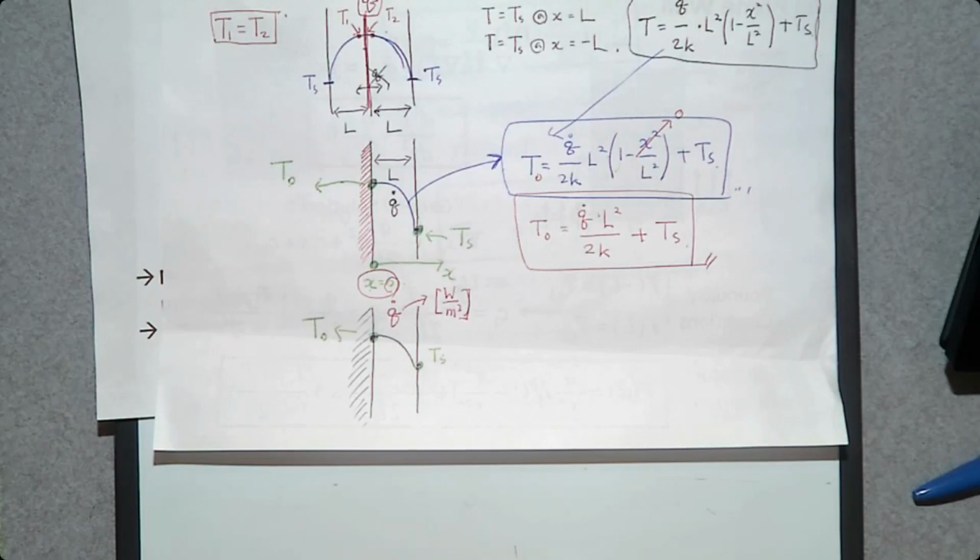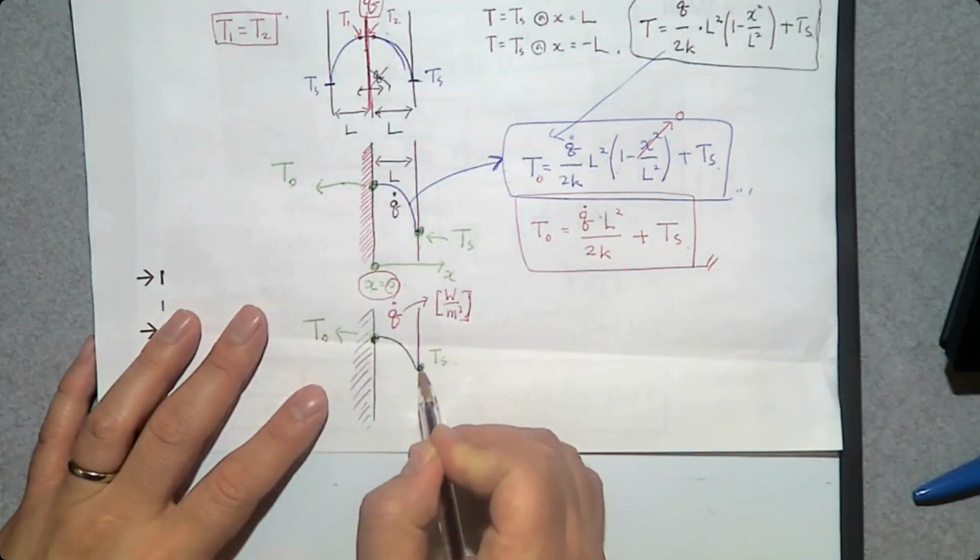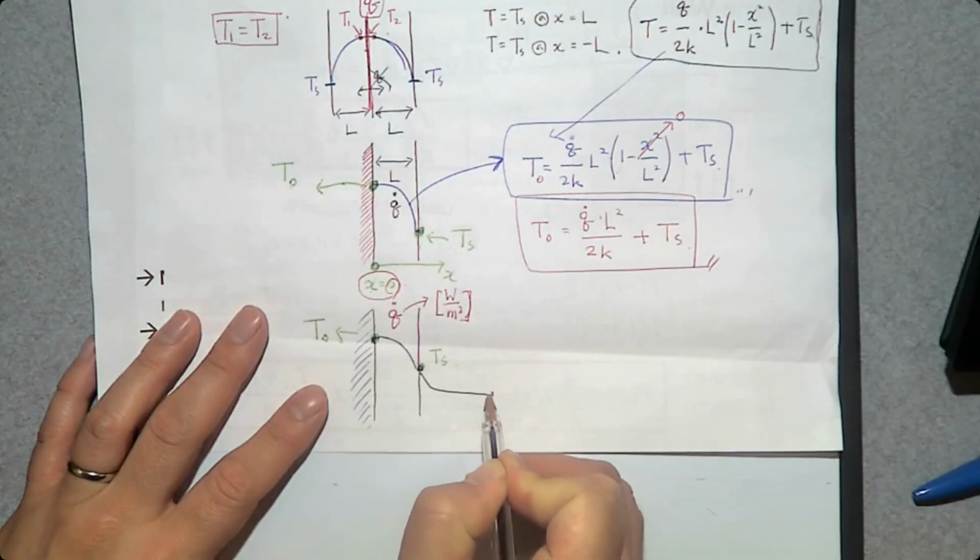Then how can we remove this heat from this wall? This way? No, it's not possible because the left-hand side is insulated. The only heat transfer direction is going to be to the right-hand side. Then this is the surface of this plane wall. And what is on the right-hand side? Fluid. So what is the heat transfer between a surface and fluid? Convection. So there's a convection heat transfer from the surface to the surroundings.